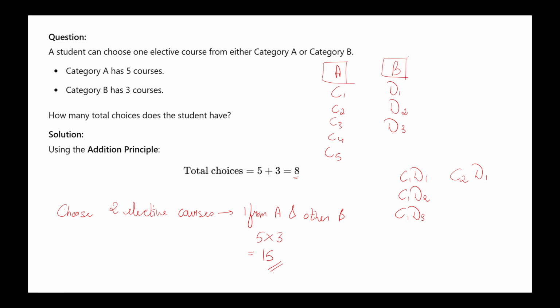The combination is different, right? I'm choosing C2 and D1, earlier I was choosing C1 and D1. So similarly, I can choose C2 D2, C2 D3. This is how my 15 combinations would become. Similarly, I would carry on for C3, C4 and C5 as well. That is how my combinations are generally calculated.